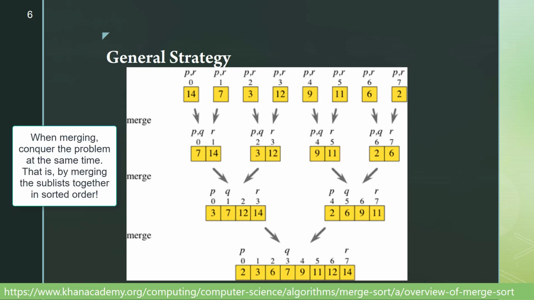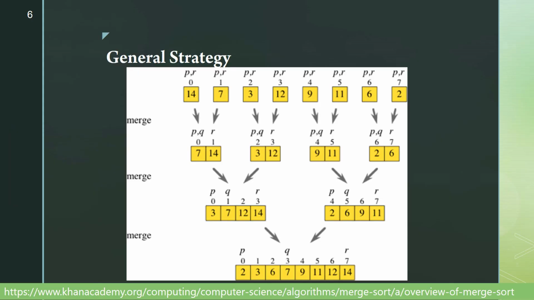We have to actually conquer or solve the problem, in other words, putting them together sorted. In the first example, for instance, 7 before 14, 3 before 12, and so on. We keep merging, until we merge the one half with the other half, and finally arrive at our final solution, a completely sorted list.